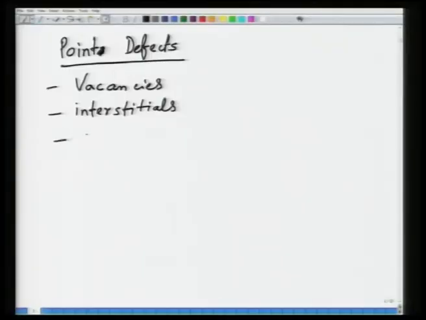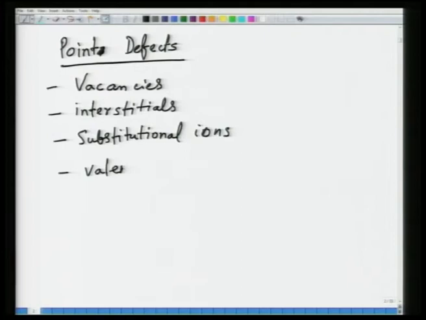It could be substitutional ions. So, you can have an impurity which substitutes for the host atom. You can have the presence of valence electrons as well as holes.